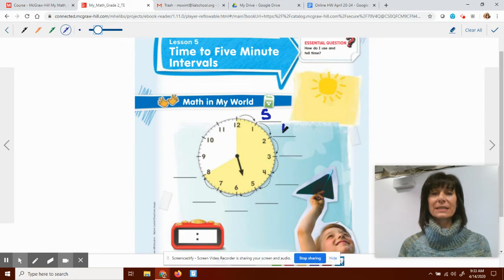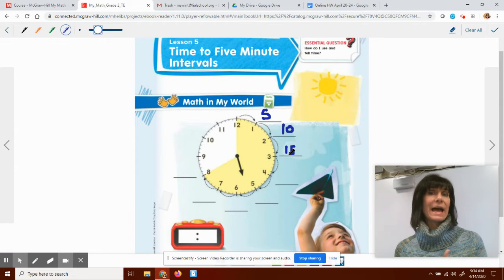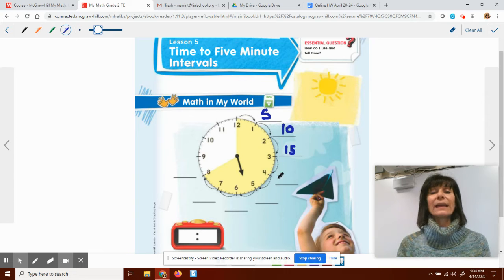By the time I get to the 2, it's 10 minutes. 3 is 15, which would be a quarter past the hour. 20, 25, 30, and we'll go all the way to where it's shaded in your book, to the 8, 35, and this will be 40.